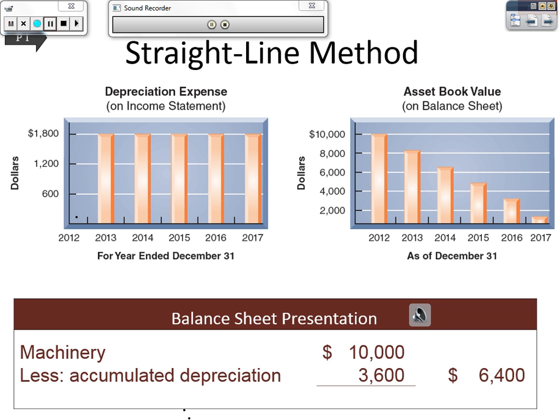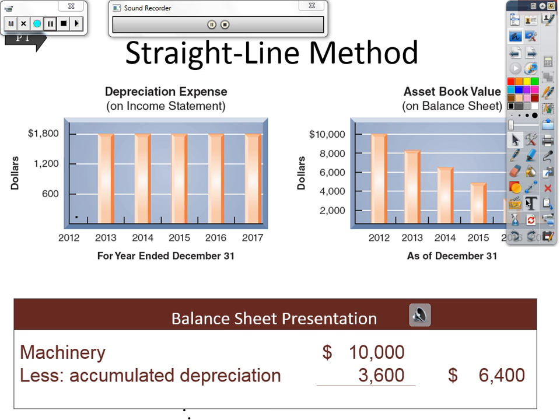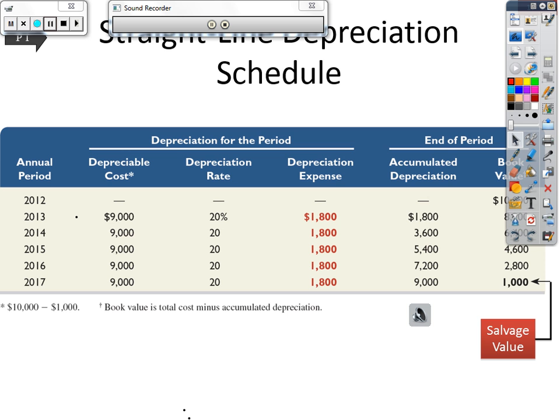So in that particular example, the beginning book value for that asset was how much? 10,000. So now we really should be doing what? 10,000 minus the 1,800. They're doing it here just for 2 periods.